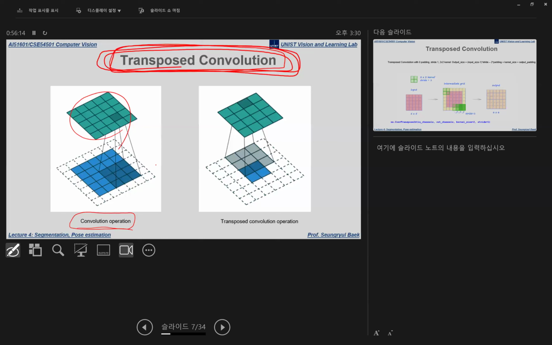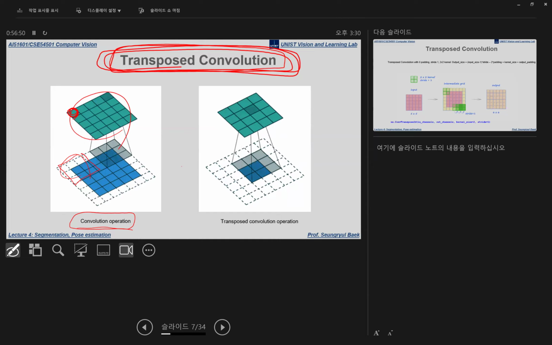So this is how the convolution works. The blue pixels indicate the input image, the gray pixels indicate the filter kernel, and the green pixels indicate the output image. When the filter kernel is here, all of the filter coefficients are multiplied with the pixels inside the blue image, and they are added together to get one output pixel.